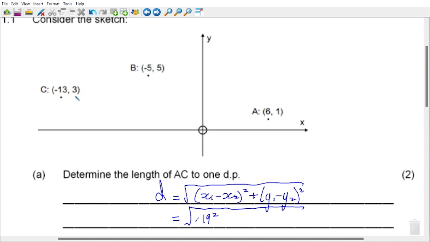The change in the y values is actually just 2, so it's either 3 minus 1 or 1 minus 3. When we square it, we get 2 squared. Right, so we get a final answer here of the square root of 365. The question did ask for answers to one decimal place, and that's 19,1.